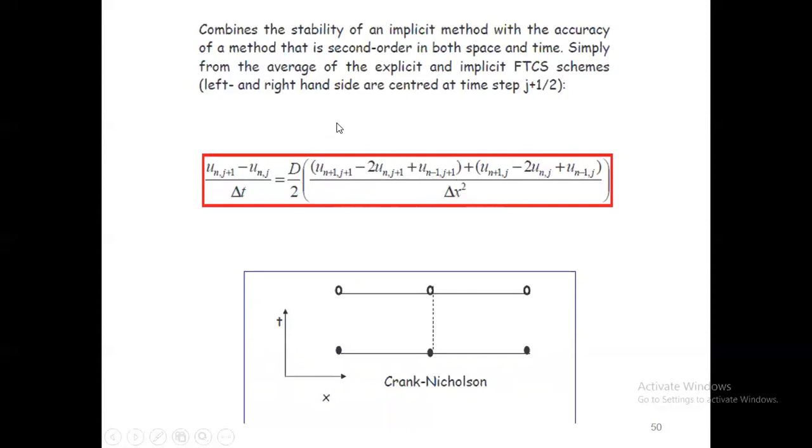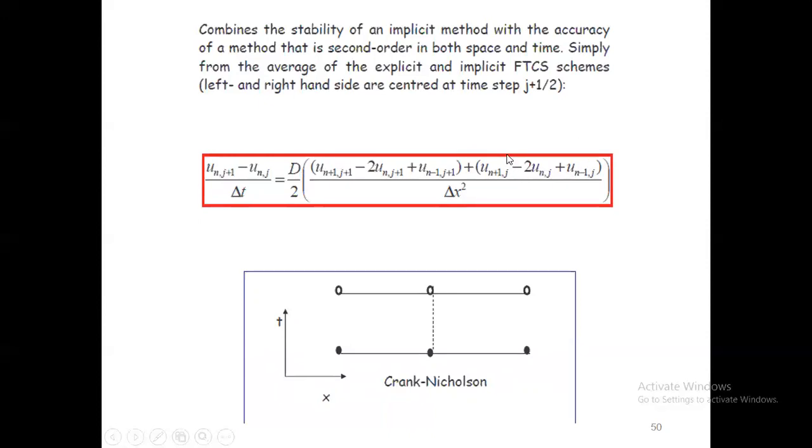Now let us go inside the bracket. There are two terms written, the first term and the second term. The main difference between these two formula is that this is the centered scheme in space, but at the j plus 1th point, and this is the centered scheme in space, but at the jth time location.